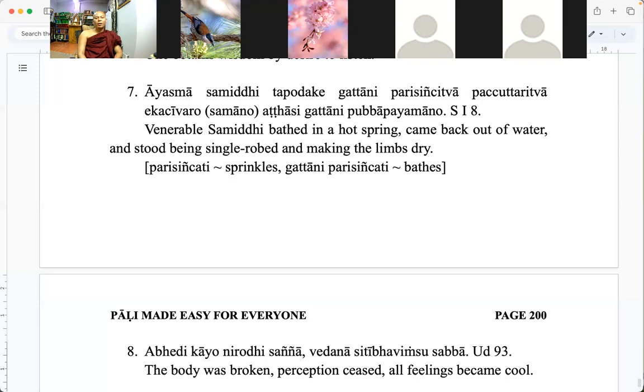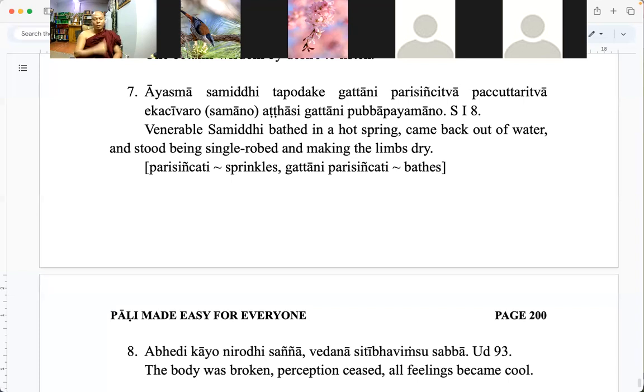No, because there is no instrumental case here, you see. But when we put together 'and stood being single robe', it's not yet clear for easy understanding, Bante. So being single robe maybe just means wearing only that immediately after taking a bath.